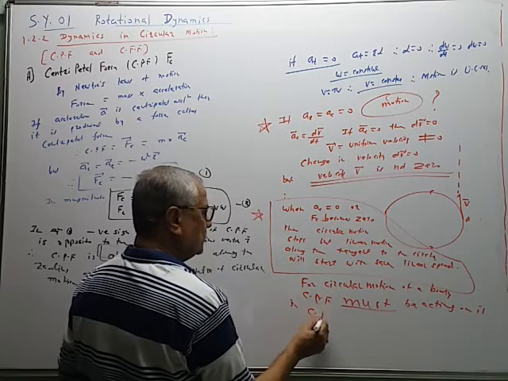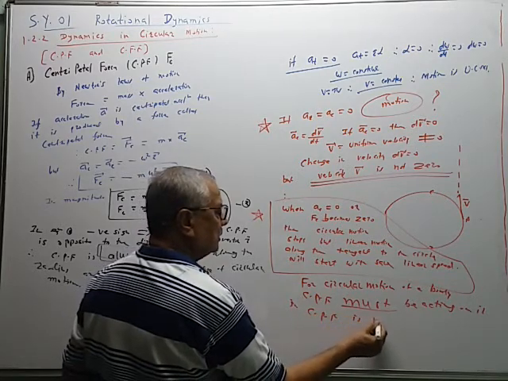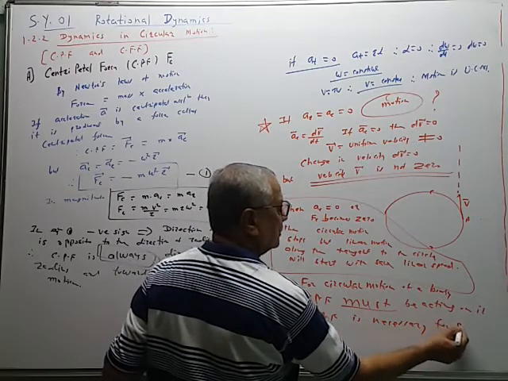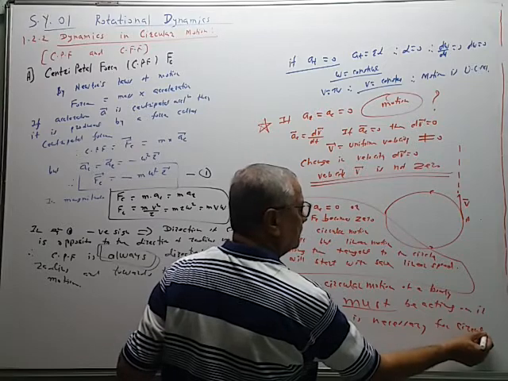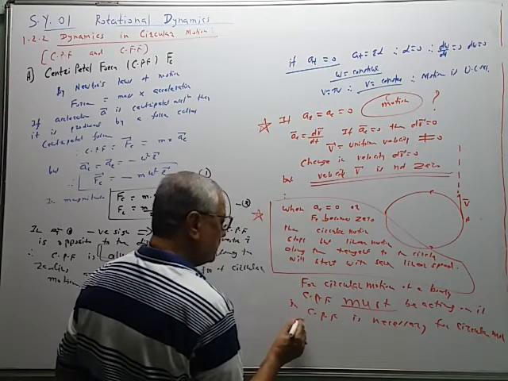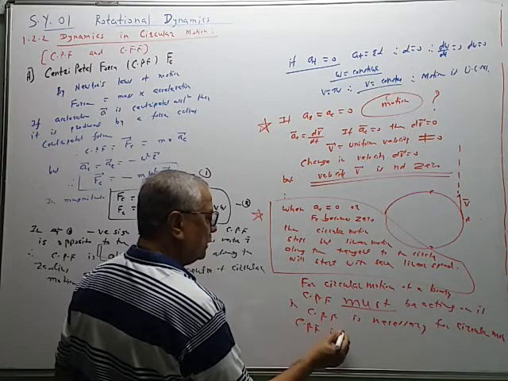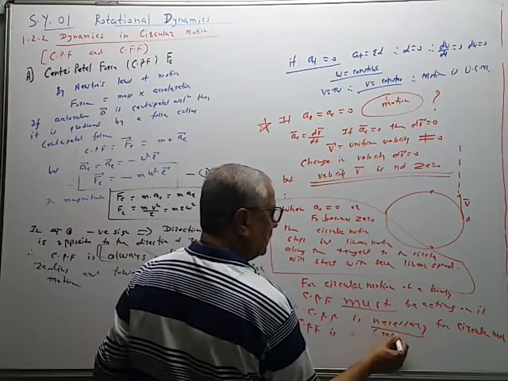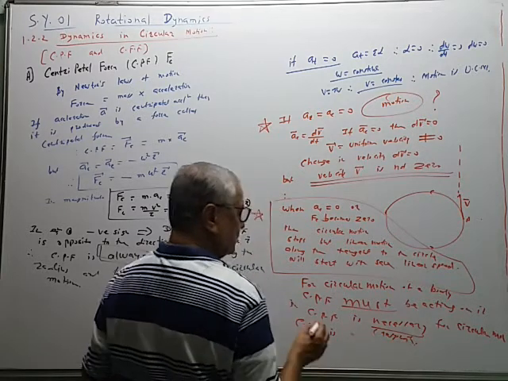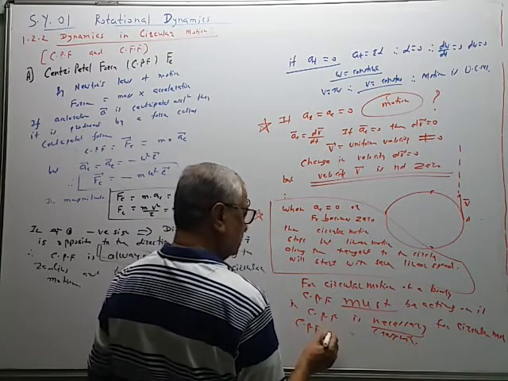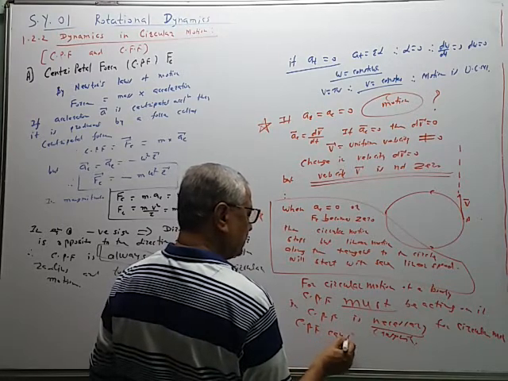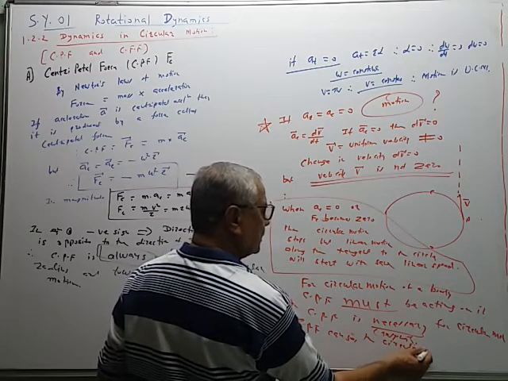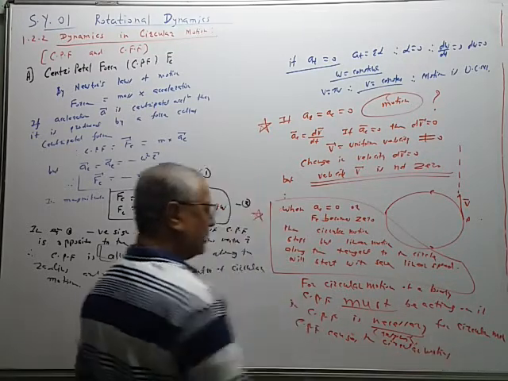That is, centripetal force is necessary for circular motion. Centripetal force is necessary, or you can say responsible. Centripetal force causes the circular motion. So cause of circular motion is the centripetal force, like this.